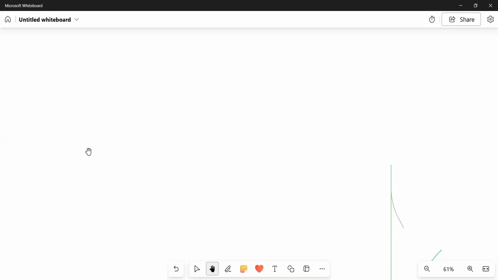Last one. So we want to factorize minus 2x squared plus 2x plus 12. You have different ways you could have done it.